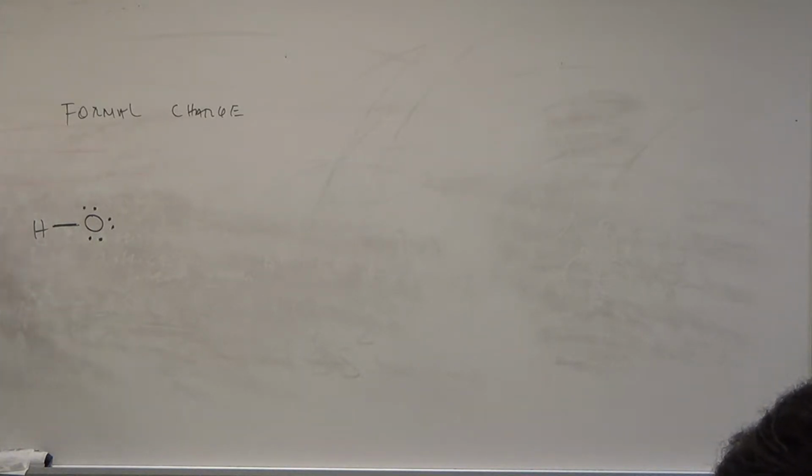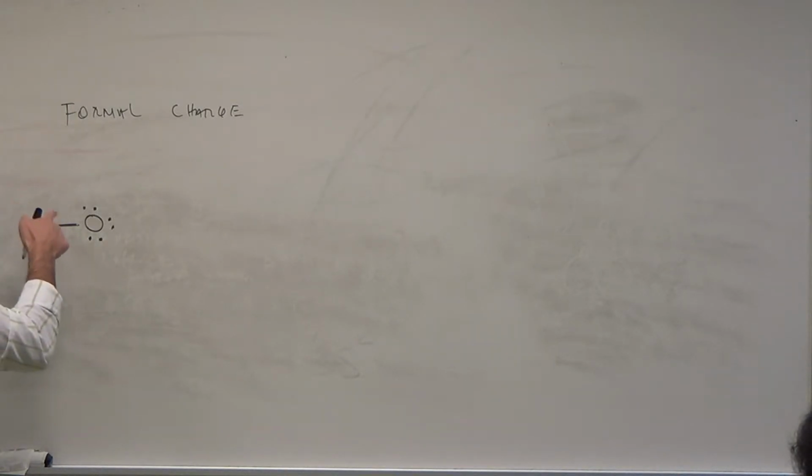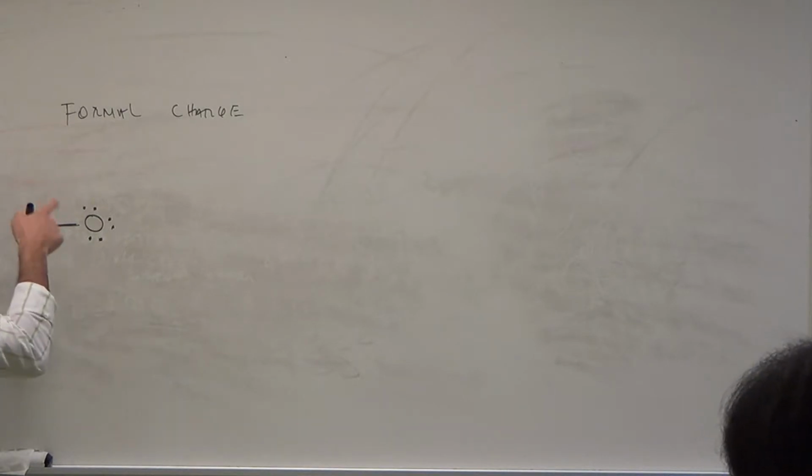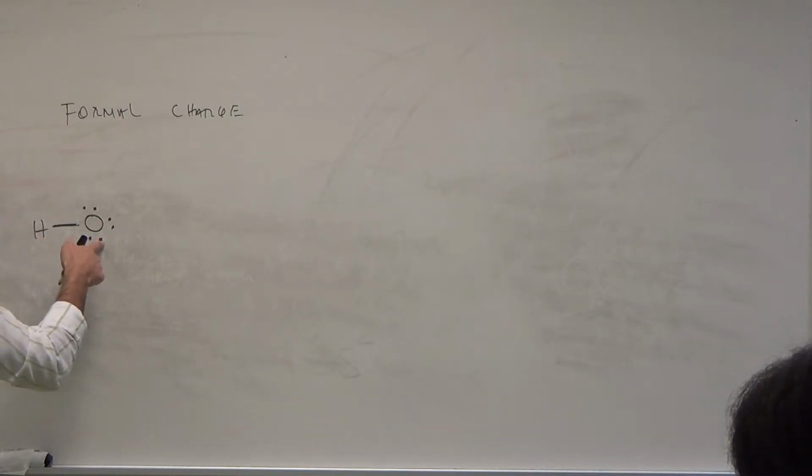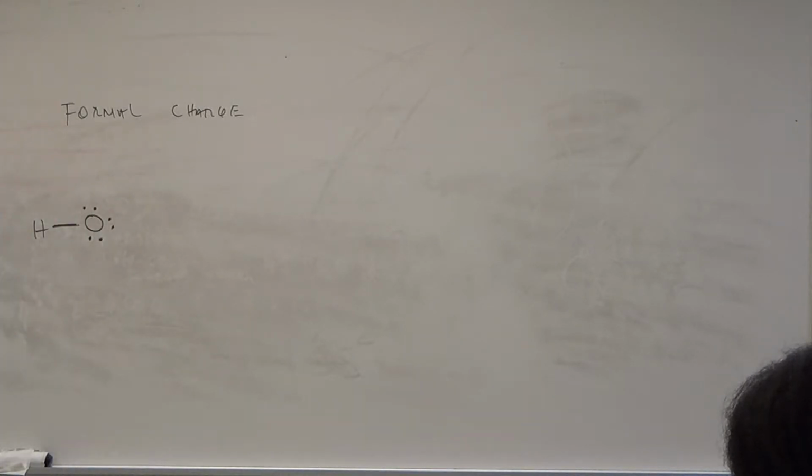The finger trick is valence number of electrons. I want to calculate it for hydrogen. Minus the electrons it has according to your finger. And you count the bond as 1, right? Because you go like this, 1. Yes? I'm going to demonstrate.